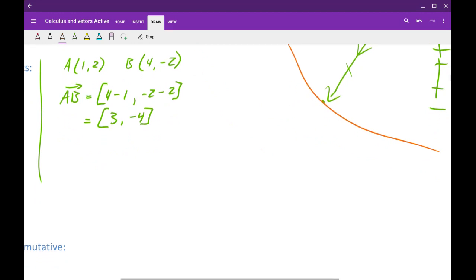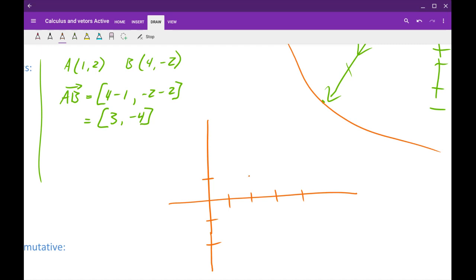I'm going to need about 4, negative 2, and 2, 1. So maybe I'll need something like this. So 1, 2, 3, 4, and negative 2. So point A is here, and point B is here, (4, -2).